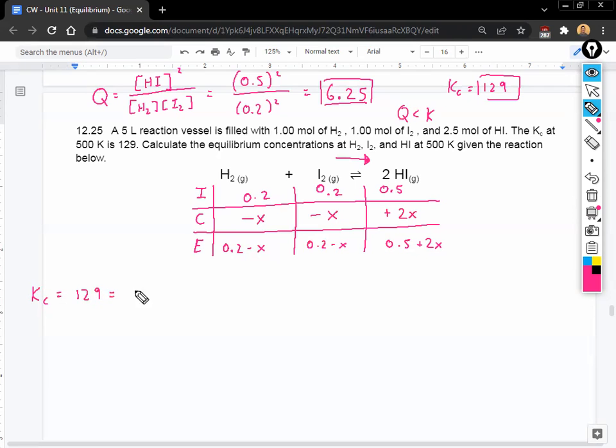It's going to be the equilibrium concentration of HI, 0.5 plus 2x, coefficient's 2, so we got to square it. And on the bottom, we have 0.2 minus x times 0.2 minus x. It's the same formula as the Q, except we're using the K.